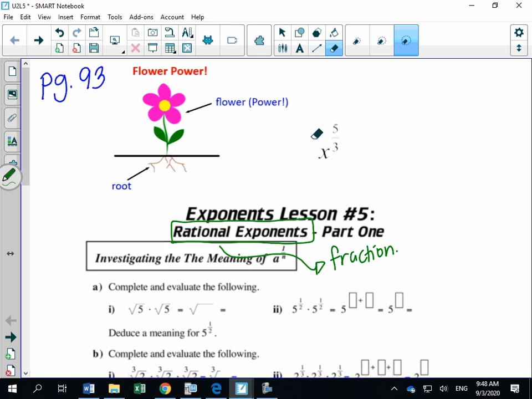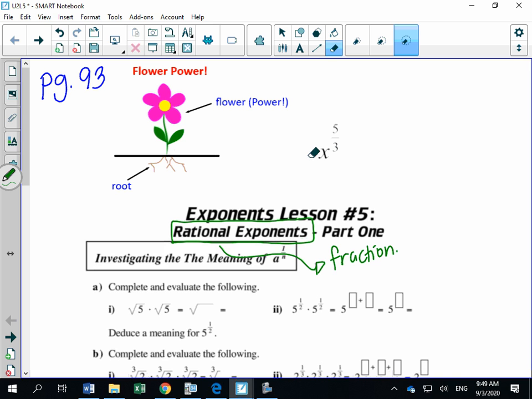So I'm going to give you a rational exponent. I'm going to give you a variable or a number with an exponent that's a fraction. And what you have to be able to identify within this fraction is which number is the root and which number is the power.